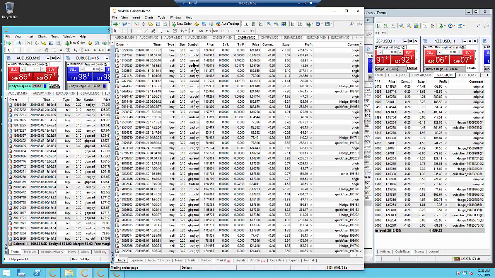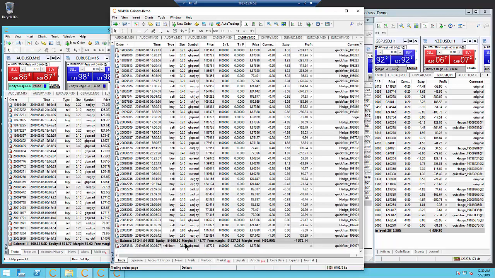Now, when we come over here, what we see is that this account has a balance of $21,241. Now that's less than the balance on the account that's trading the 30-minute time frame. But this account started trading 3 weeks later than the other account.